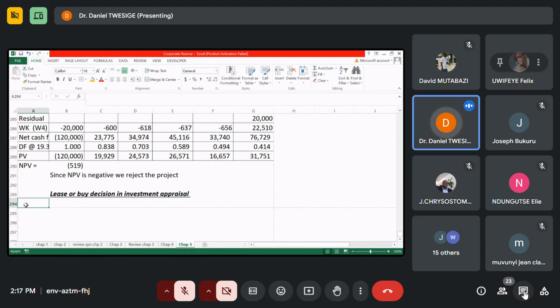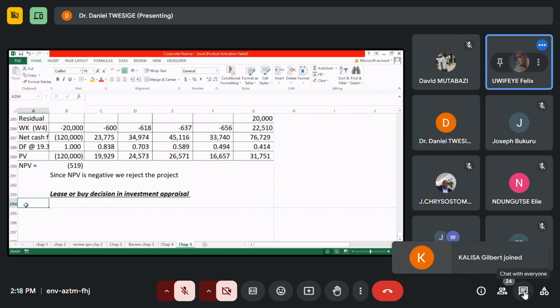Now, if you are to make a decision, it's going to be best where you minimize the cost. Are you minimizing the cost by buying, or by leasing? That is the lease or buy decision.